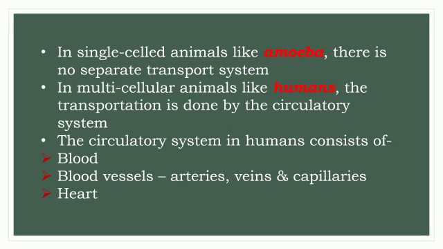The circulatory system in humans consists of blood vessels. In blood vessels, there are arteries, veins and capillaries, and the heart. Now, the blood vessels and the heart help in the transportation of the substances in humans.